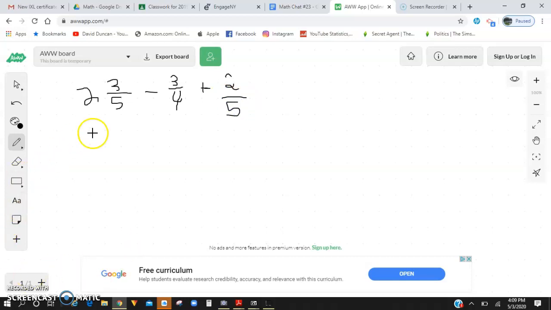So when we solve these problems, we are going to want to organize them so that they are next to each other with common denominator. So in this case, I have noticed that my numbers with common denominators are my 2 3/5 and my 2/5.